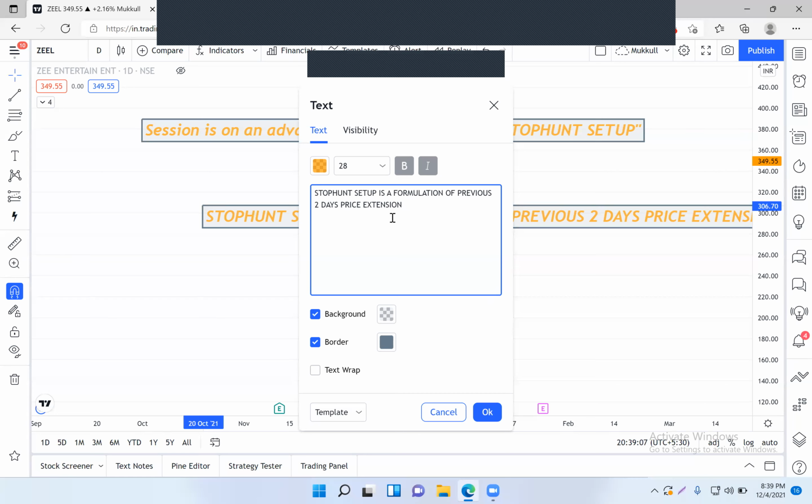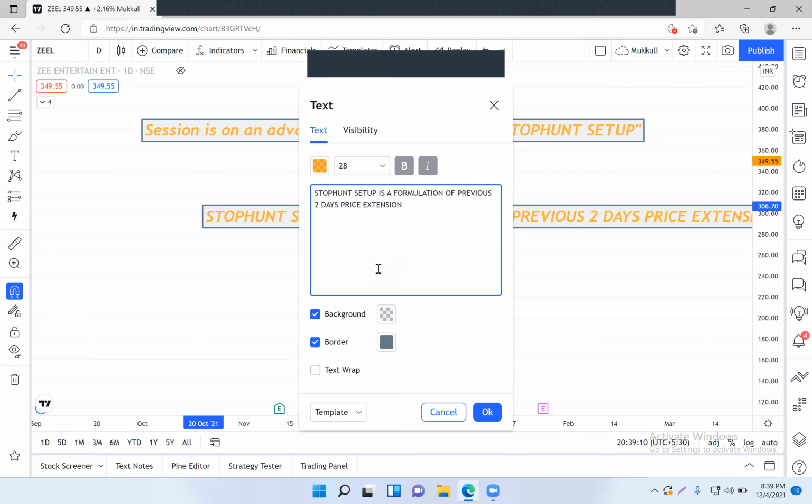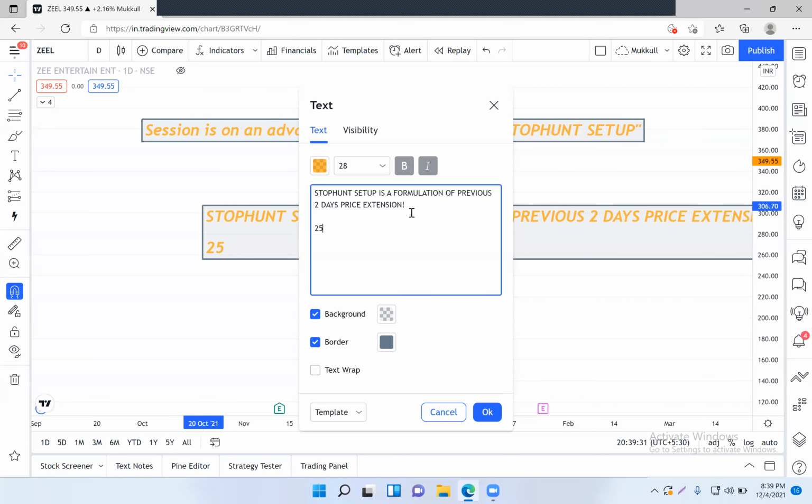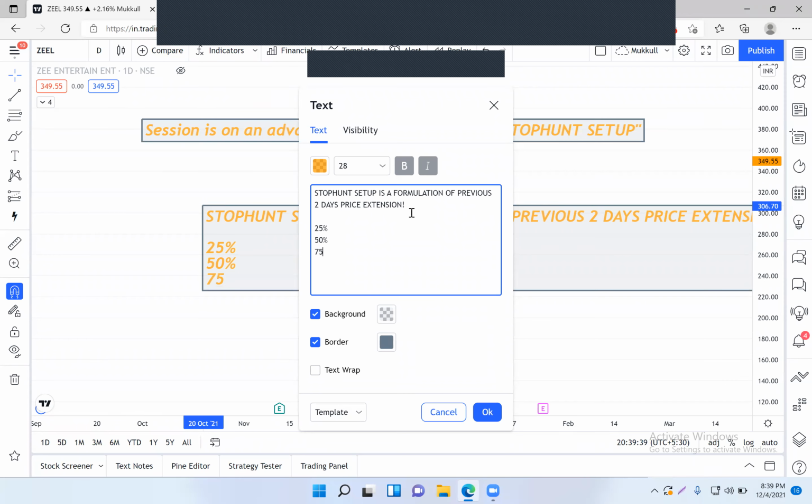Okay, what is the meaning of this? You will see this with the upcoming webinar topics. So the extensions which are included here are generally 25%, 50%, 75%, and then 100% max.